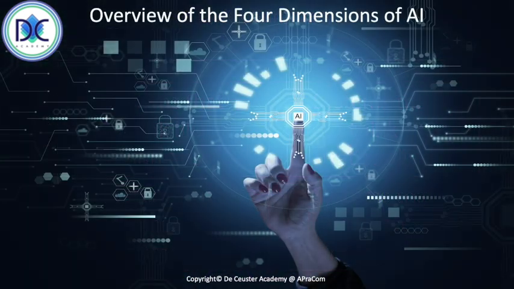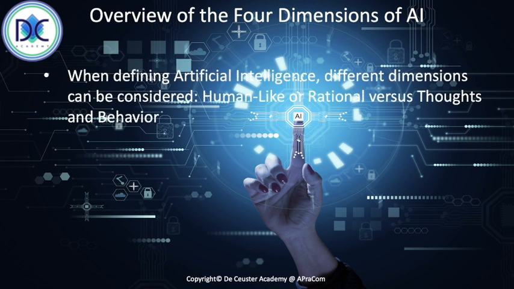Let's have a quick overview of the 4 dimensions of AI. When we define artificial intelligence, we find that we have to consider different dimensions of the AI agents, the AI systems. We have to look at human-like versus rational, thoughts and behavior. We've seen that in those 4 quadrants. Let's have a look. What does it mean?